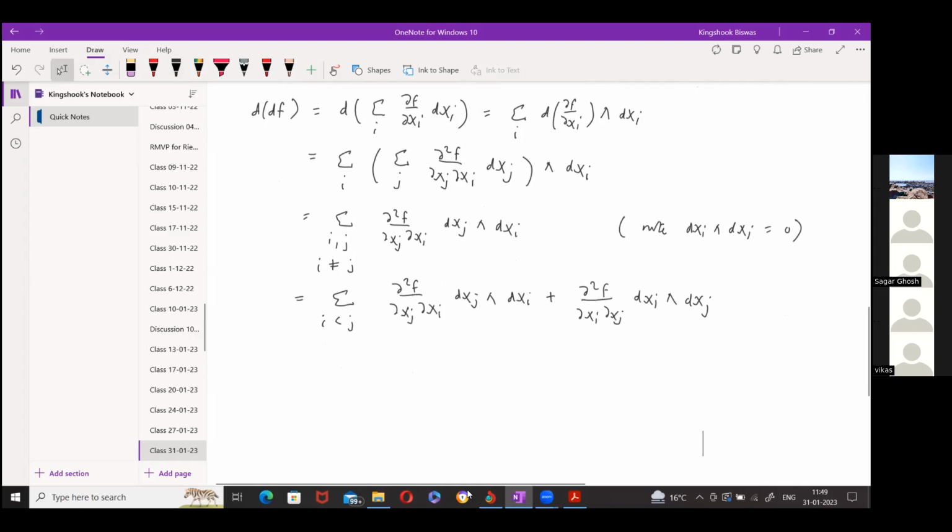So this dxj wedge dxi is minus dxi wedge dxj. So then I can group these two terms together to get ∂²f/∂xi∂xj minus ∂²f/∂xj∂xi, times dxi wedge dxj.